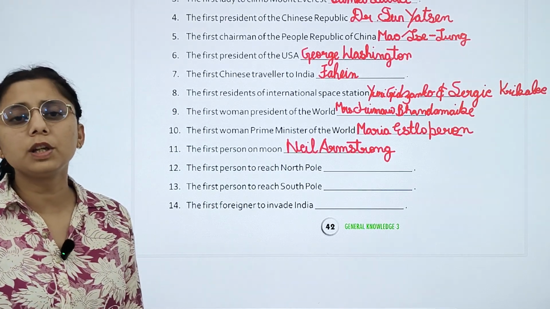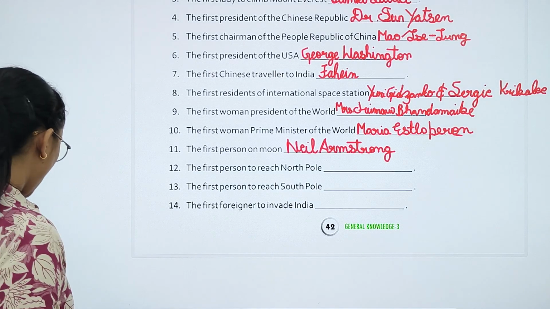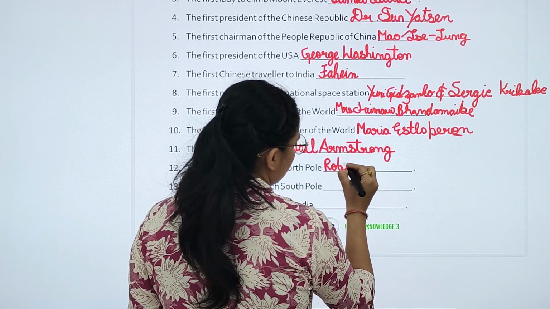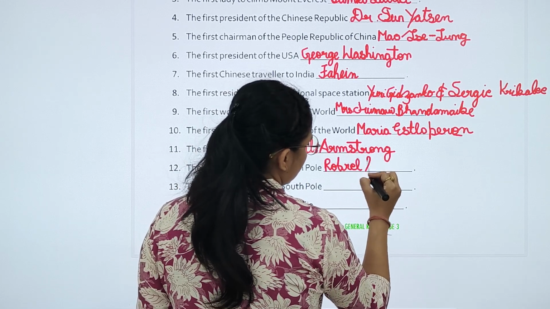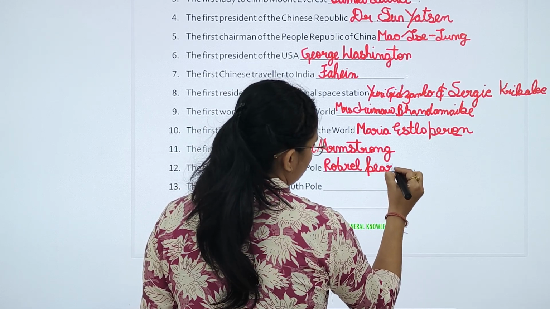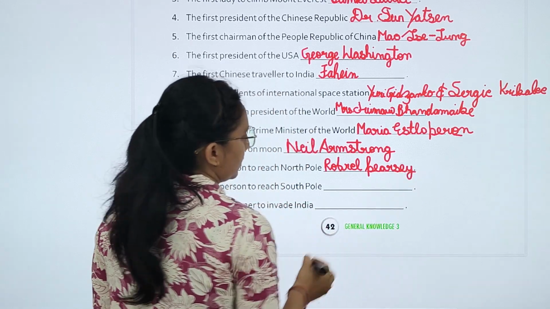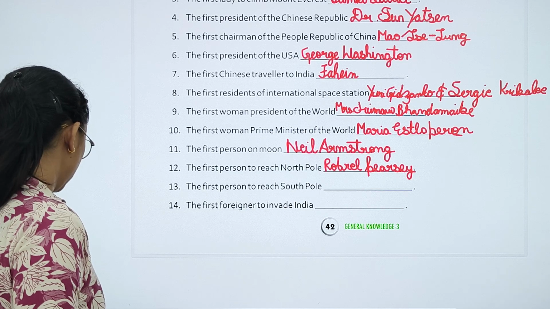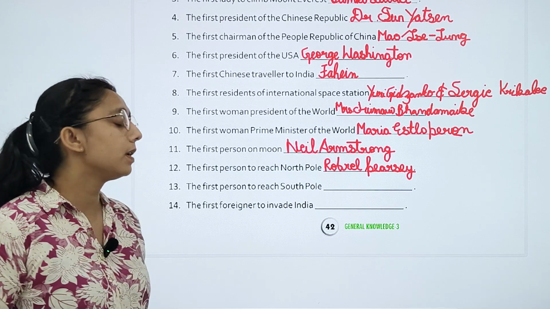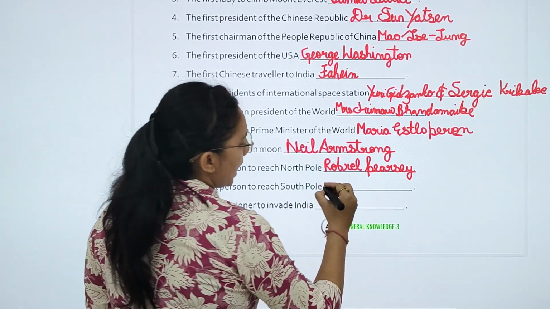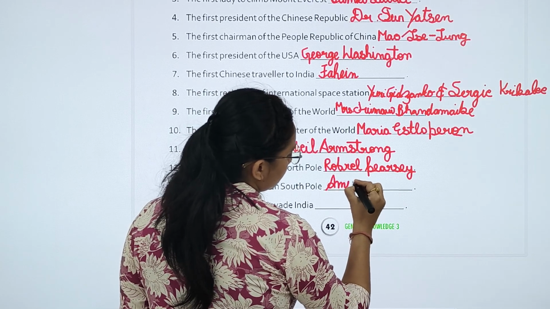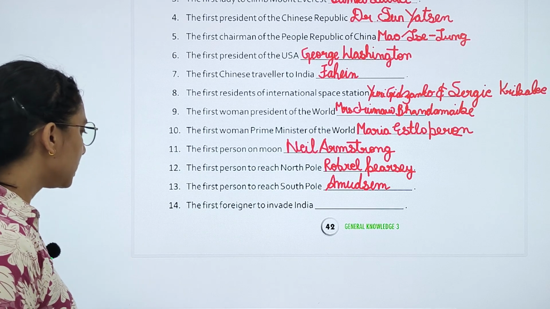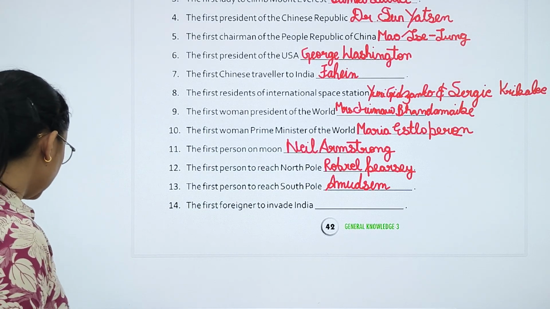The first person to reach the North Pole, that is Robert Peary. The first person to reach the South Pole, that is Amundsen. The first foreigner to invade India, Alexander the Great.